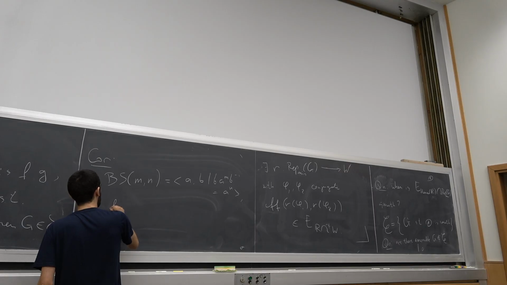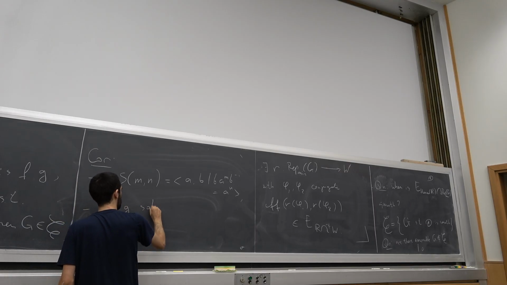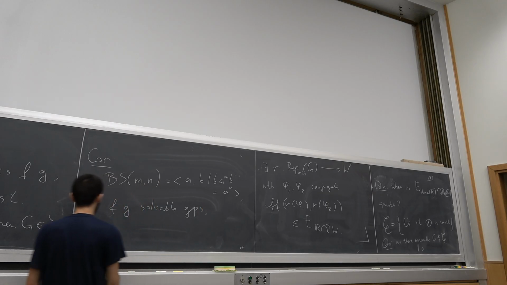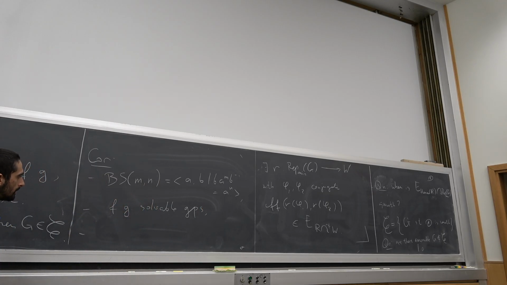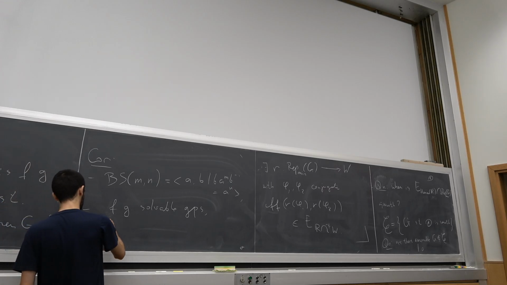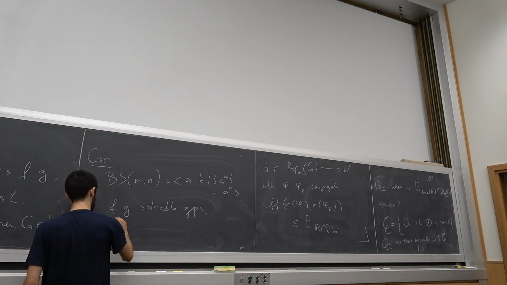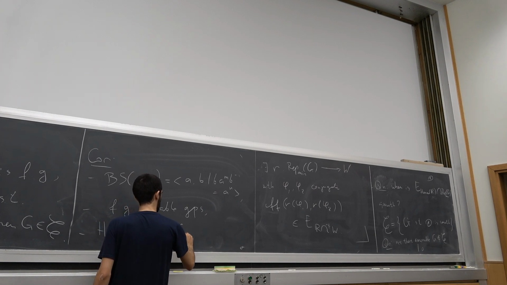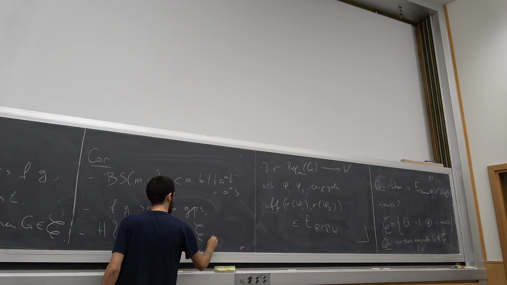Finitely generated solvable groups. And what we call wreath products of two finitely generated groups in C.